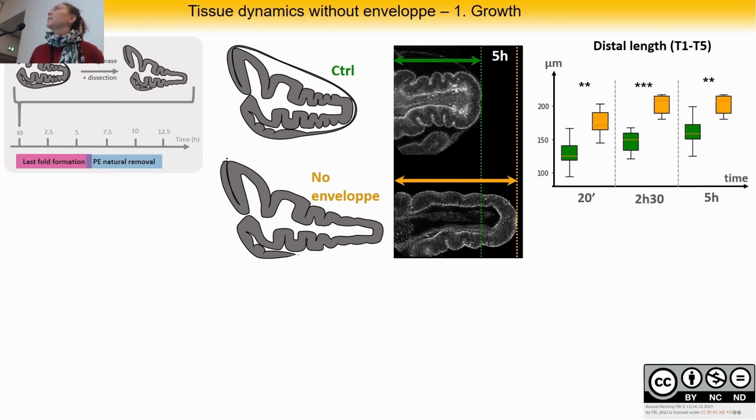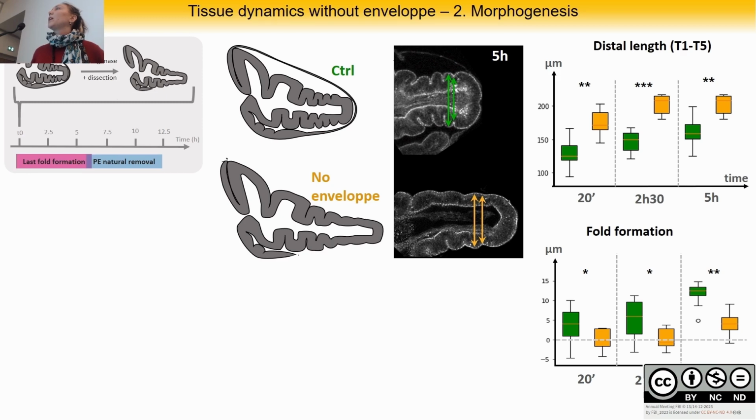What you can see is that you have 2 phases. You have a first rapid elongation of the leg within the first 20 minutes, and then you have a slower elongation phase. With this measurement, what I can say is that the envelope is exerting a mechanical constraint on the leg.